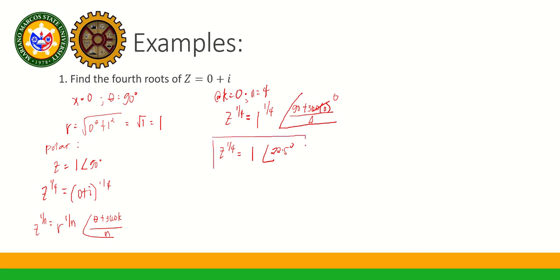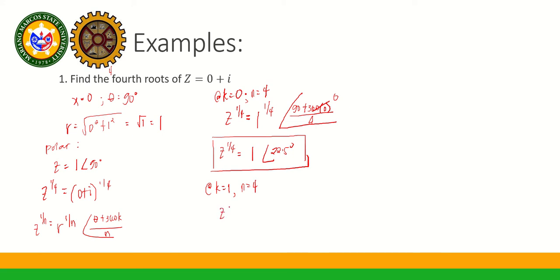Okay, yan. Now, we are looking for the four fourth roots. Okay, so at k is equal to 1, still n is equal to 4.